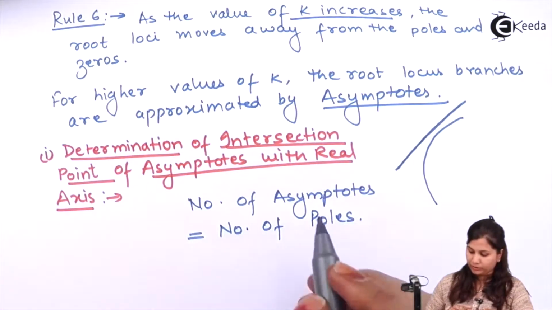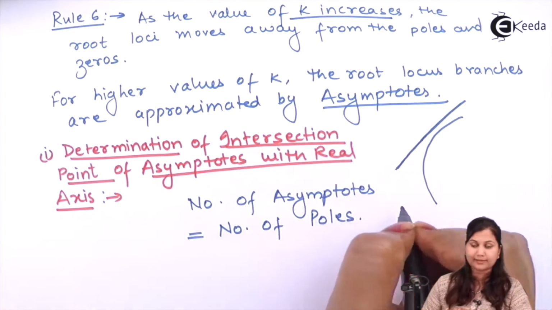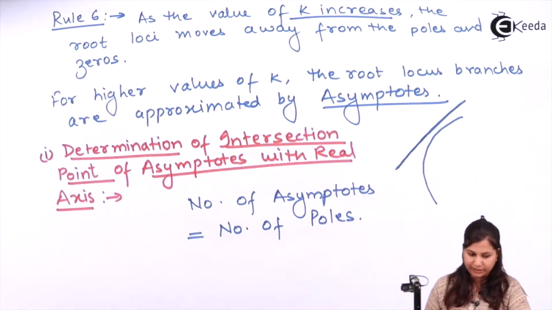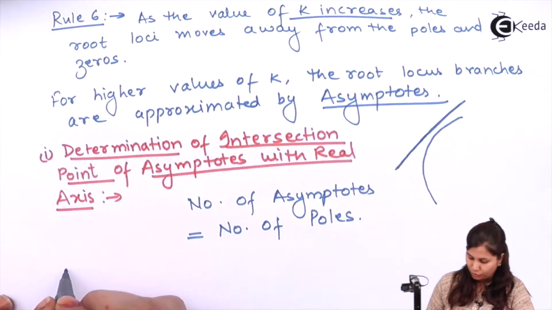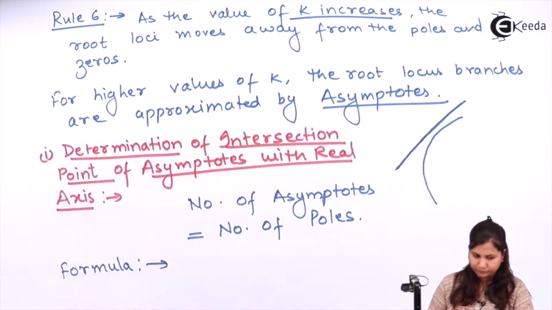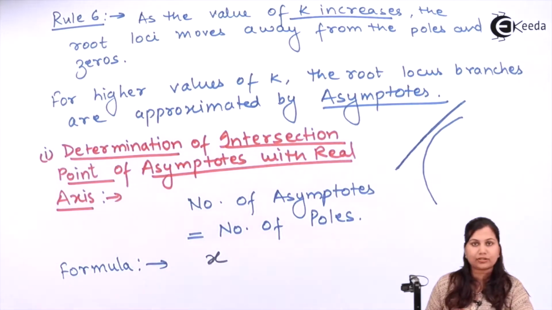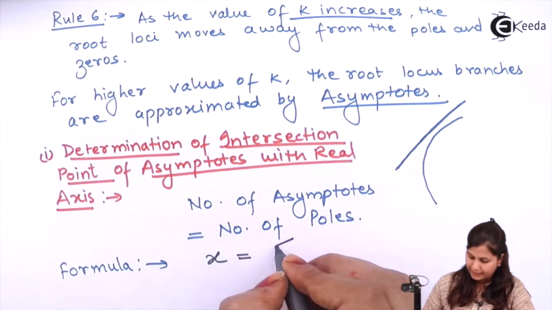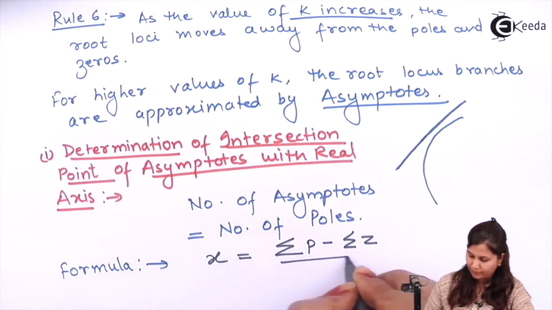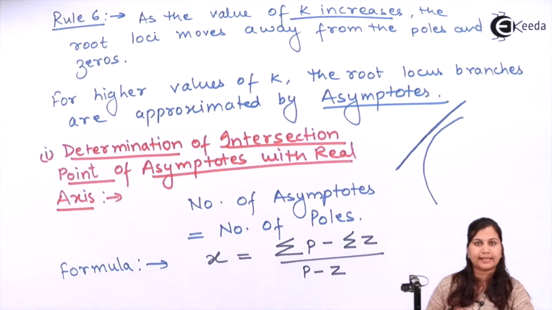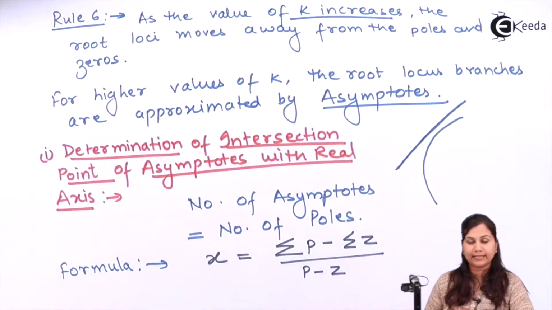Now, what will be the intersection point of these asymptotes with the real axis? We are going to calculate it using a formula. X is the intersection point and it is given by summation of P minus summation of Z, upon P minus Z. What are P and Z? P is the number of poles and Z is the number of zeros of the system.